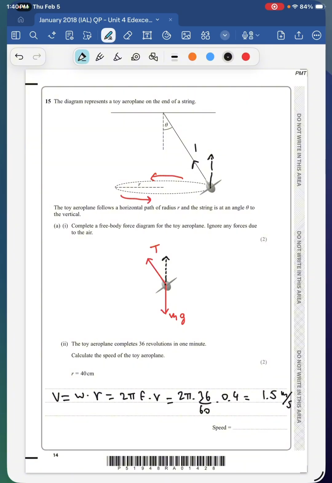So this is the tension, and this is the weight, right? If this angle is theta, this is also theta by Thales principle. So that component is T cosine theta, and this component is T sine theta, which is the centripetal force.